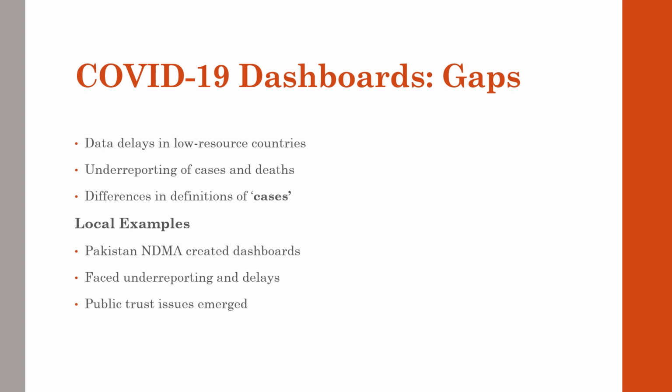Furthermore, there was no universal definition of a case, which made cross-country comparison difficult. Locally, Pakistan's NDMA dashboard faced similar challenges, and lack of transparent and timely data led to a breakdown in public trust. This highlights a crucial ethical dilemma and trade-off between public health needs and individual privacy.